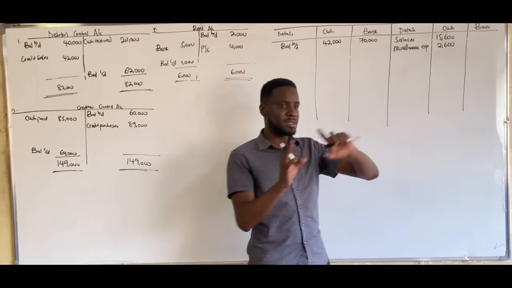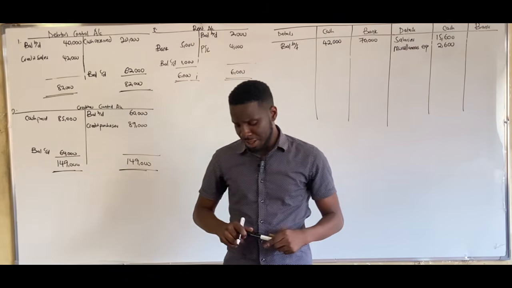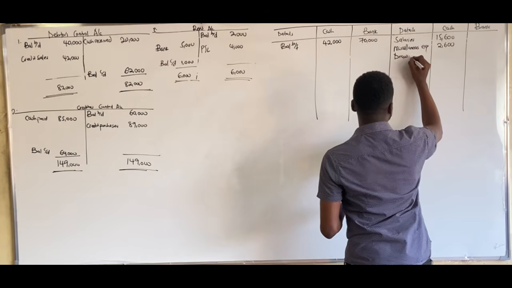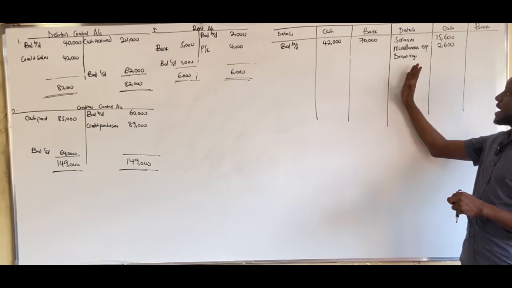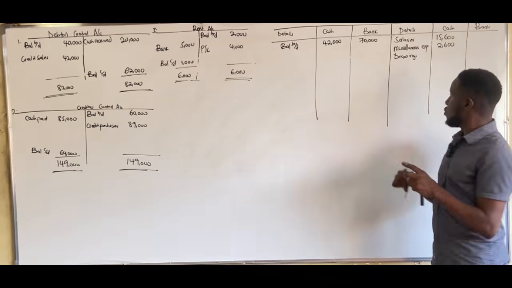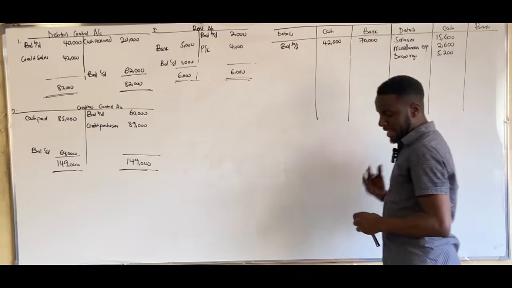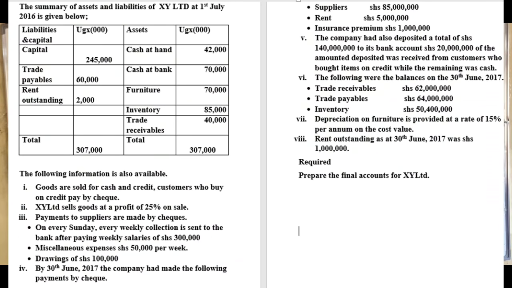Then you get 50 times 52, you get to 2,600. Then we also have drawings. Now the drawings, remember, for them they were 100. That means you're going to get 100 times the 52, which is going to give you 5,200, like that.